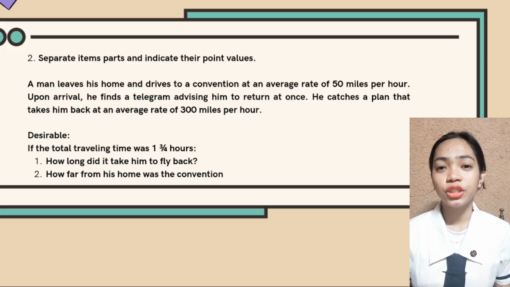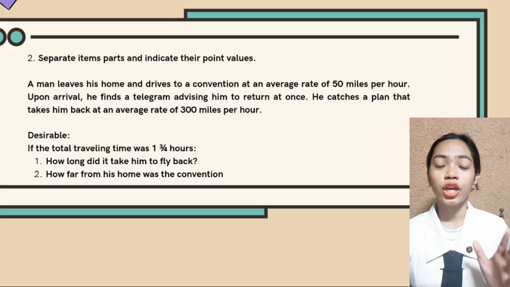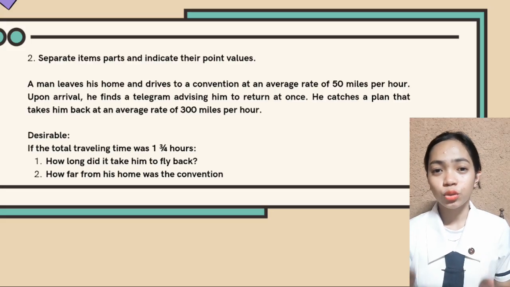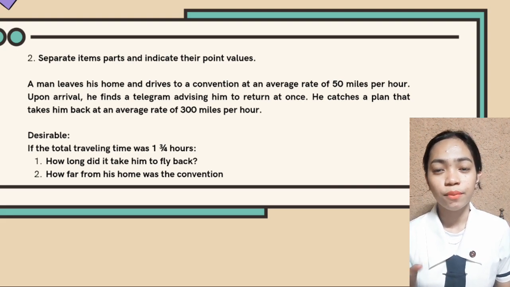Then combine like terms to get 350t equals 525, which leads to t equals 1.5. This means it took him 1.5 hours to drive to the convention. Subtracting this from the total time, we find it took him 0.25 hours or 15 minutes to fly back.